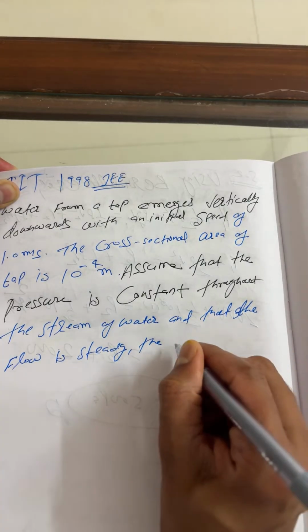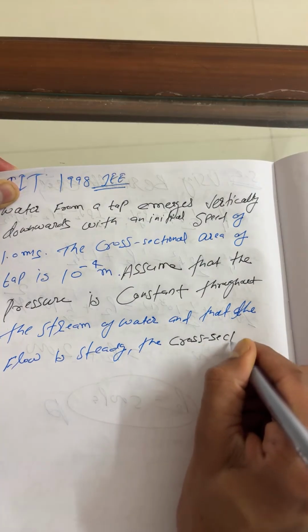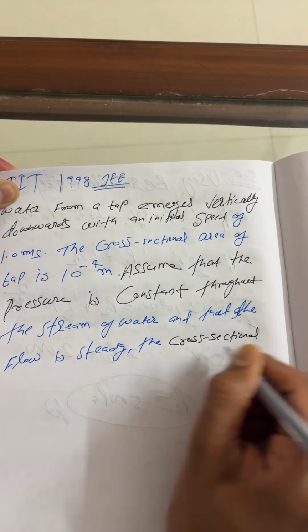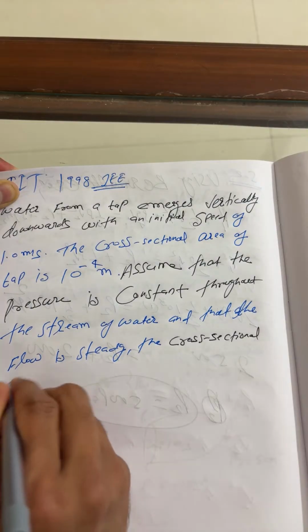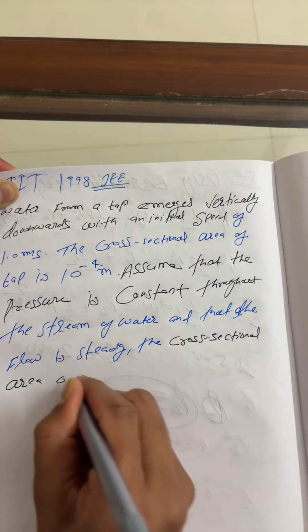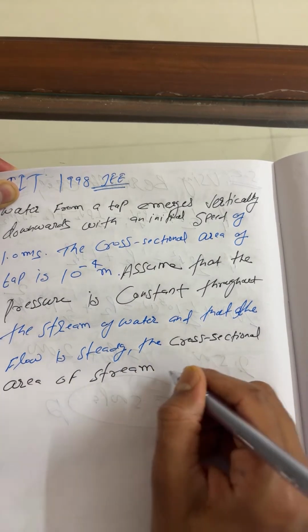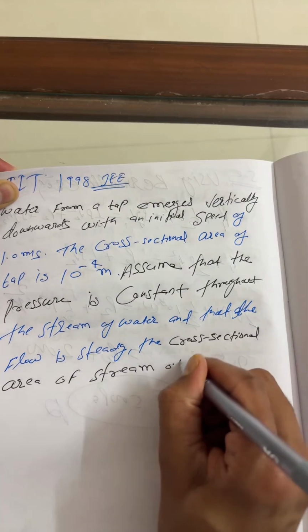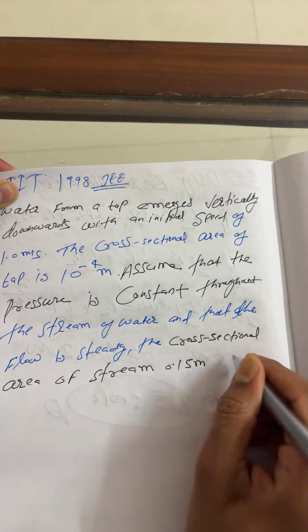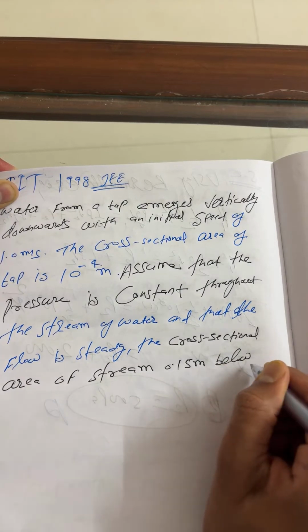The cross-sectional area of the stream 0.15 meter below the tap edge.